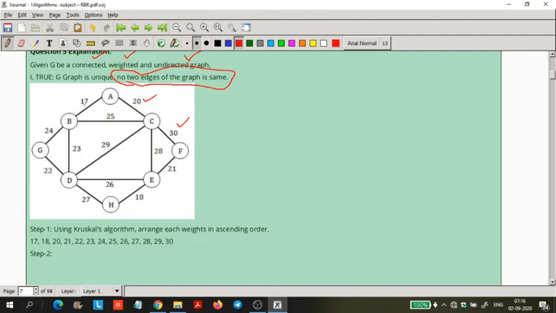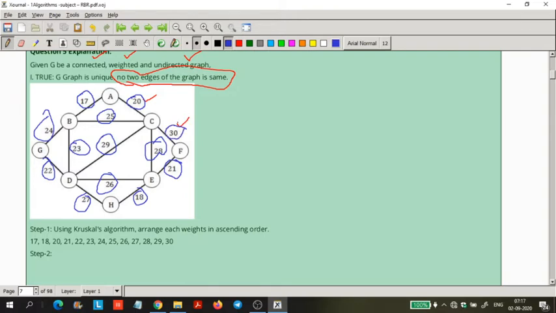For this graph, the ascending order is 17, 18, 20, 21, 22, 23, 24, 25, 26, 27, 28, then 29 and 30.